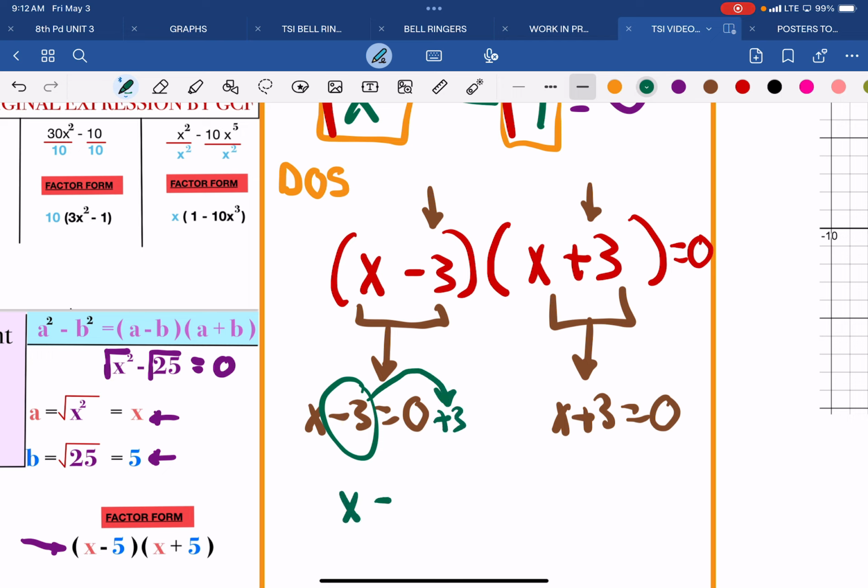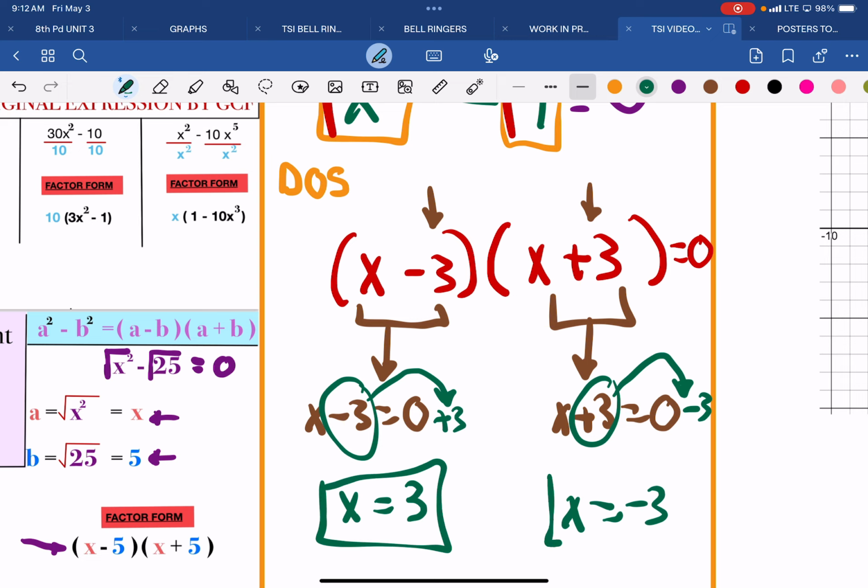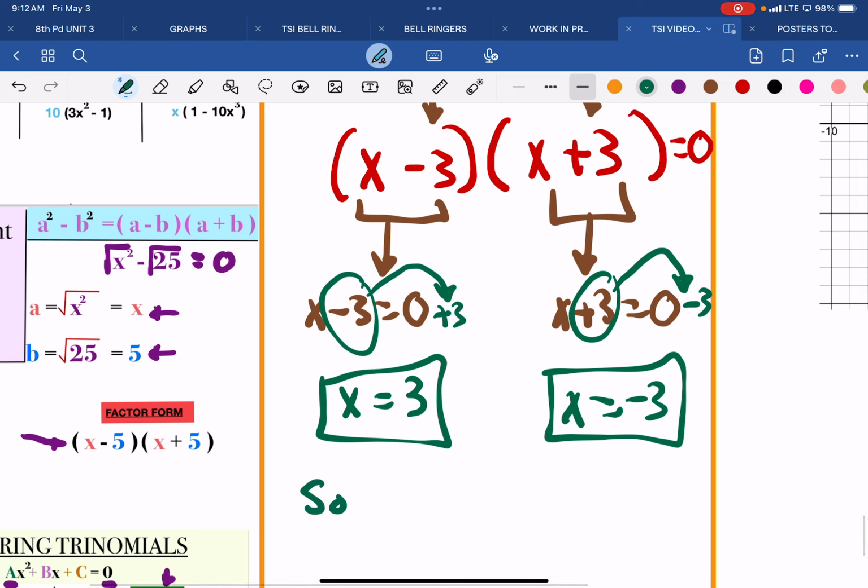So 0 plus 3 is 3. x is equal to 3. And vice versa to the other side too. The opposite of plus 3 is minus 3. x is equal to negative 3. So both of these are our solutions. Very important. These are my solutions.